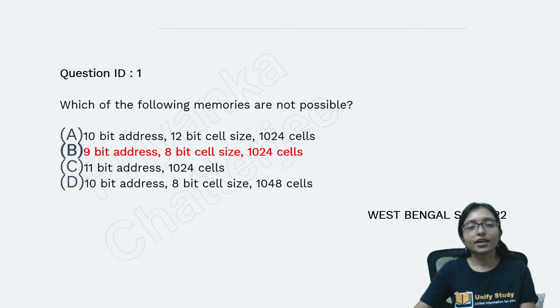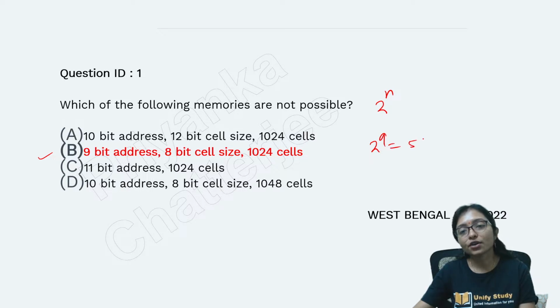Yes. Here option B is the correct answer because whenever there are n bits, I can make 2 to the power n number of cells. So 2 to the power 9 means I can make 512 cells. Using 9 bits I cannot create 1024 cells.